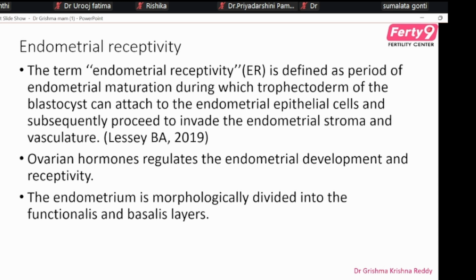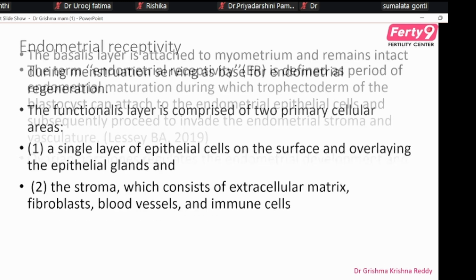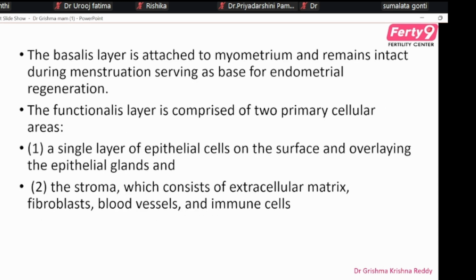The endometrium is divided into the functionalis and basalis layers. The basalis layer is constant; it is attached to the myometrium. Whereas the functionalis layer is composed of a layer of epithelial cells on the surface overlaying the glands and stroma, which consists of extracellular matrix, blood vessels, and immune cells.